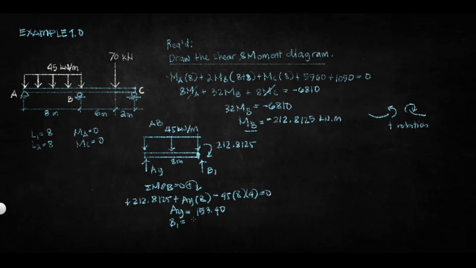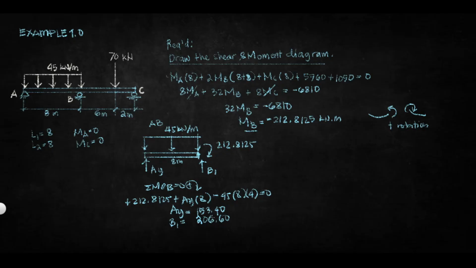So, B1, the lumabas na B1 is 206.60. Okay, 206.60.